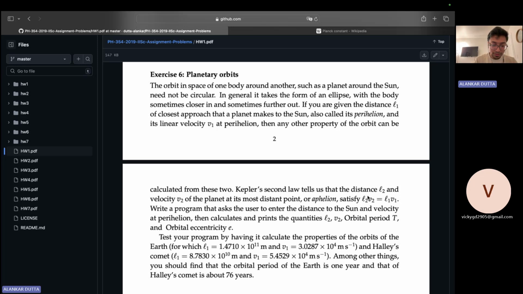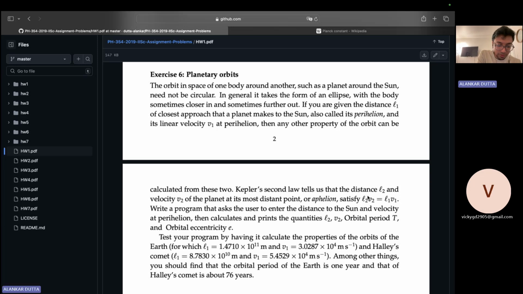Kepler's second law tells us that the distance L2 and the velocity v2 of the planet at its most distant point, or aphelion, satisfy L2 times v2 equals L1 times v1. So this is actually something related to conservation of angular momentum. But let's not get into the details of these.